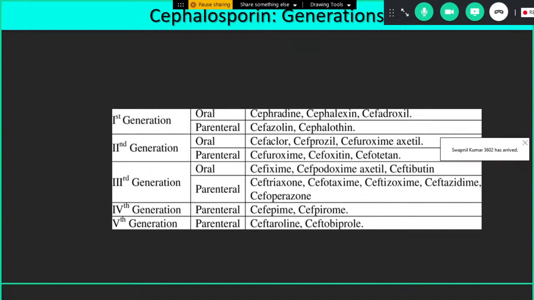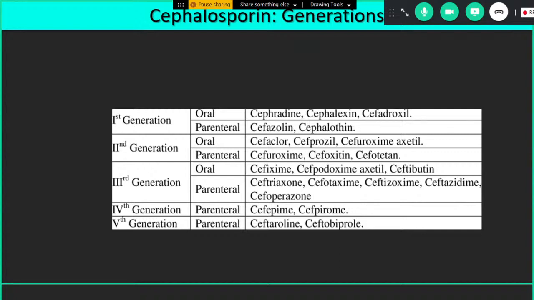As the newer generations started coming, the scientists wanted to make a cephalosporin which has gram-negative activity also. The first generation had gram-negative activity, but it was a very narrow spectrum. So to broaden the spectrum and increase the gram-negative activity, the second and third generations were produced.